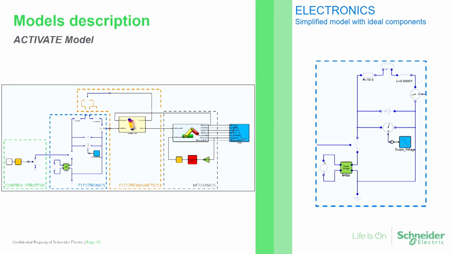So we used ideal components. In Modelica libraries, you can use more complex semiconductor models, but for this impact analysis, we didn't need to go much further into detail. So it's quite simple: a rectifier bridge, an IGBT, a freewheel diode, and the actuator.